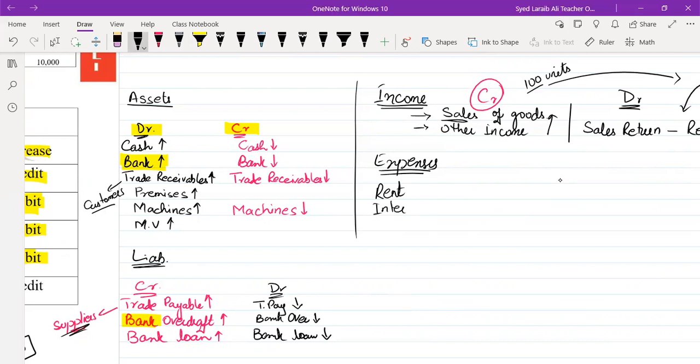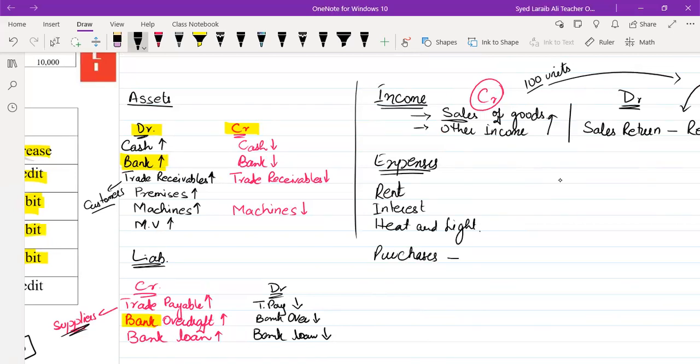In the same manner, interest. For example, if the business has taken a loan, the interest the business has to pay is an expense. In the same manner, heat and light, where the business is being run, the heat and light charges have to be paid by the business, which is an expense. So we have a lot more expenses, but the most important part is purchases.